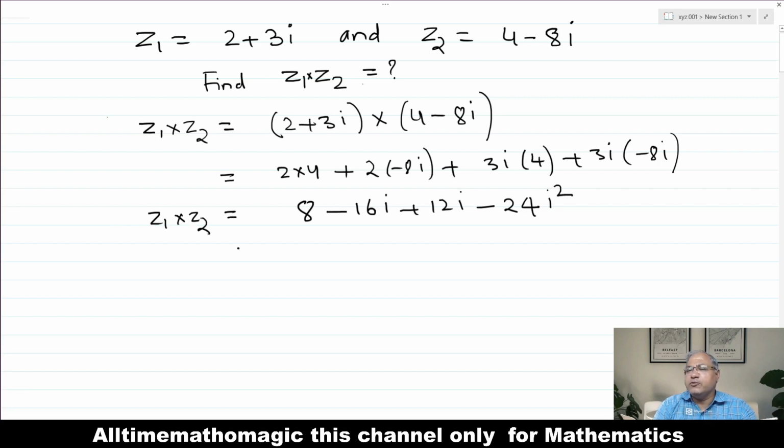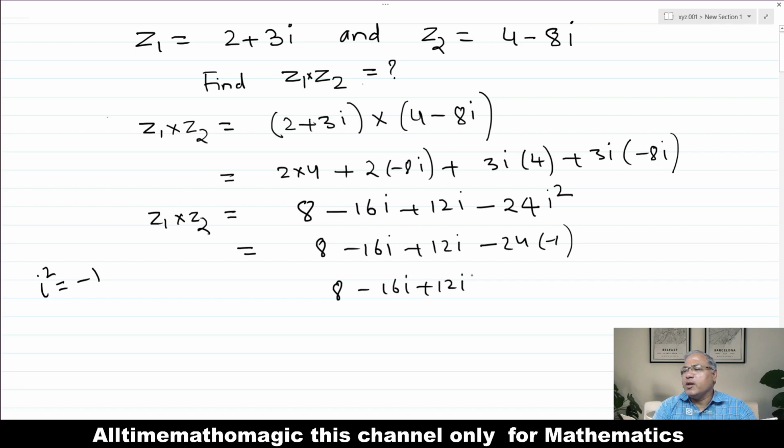So Z1 into Z2. Now wherever i square is there, you write minus 1. So 8 minus 16i plus 12i minus 24 into minus 1, that is 8 minus 16i plus 12i plus 24.